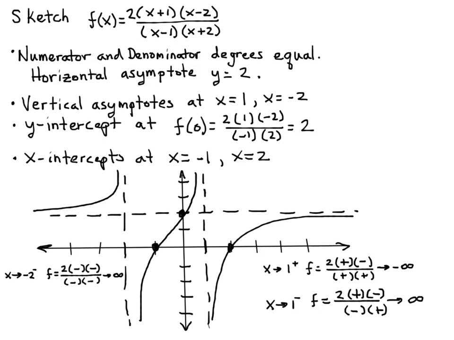What happens? As I get close to 1 from the positive side, my first factor is positive. My second factor, really close to 1, is actually negative. These two factors, when I'm just a bit over 1, are going to be positive. So you can see that this thing goes to negative infinity as I'm getting closer and closer to this. So I just assess what's the sign of this thing, and I know that as I get closer and closer to 1 from this direction, I'm getting a bigger and bigger magnitude number, but it's going to be negative.